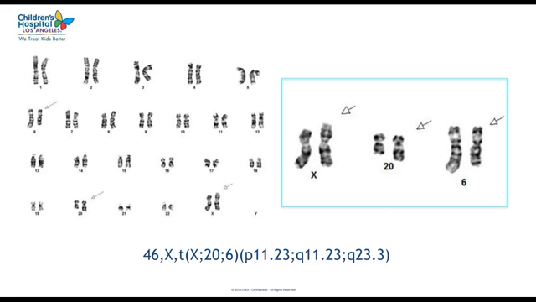And XP material is on the long arm of chromosome 20, and then 20Q material is on the long arm of chromosome 6. So now we understand why the banding pattern didn't quite fit for us initially, but we were not able, without knowing what to look for, to accurately characterize this rearrangement.